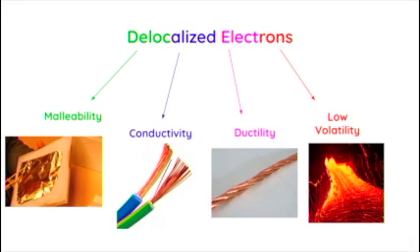Next we have ductility, or the ability of this metal to be spread thin into a wire. Also very characteristic of metal. If you've ever stripped a wire, like in the conductivity photo right here, you will almost always see copper or some other metal in there. The reason for this is that, just like malleability, the metals are able to be spread thin without breaking.